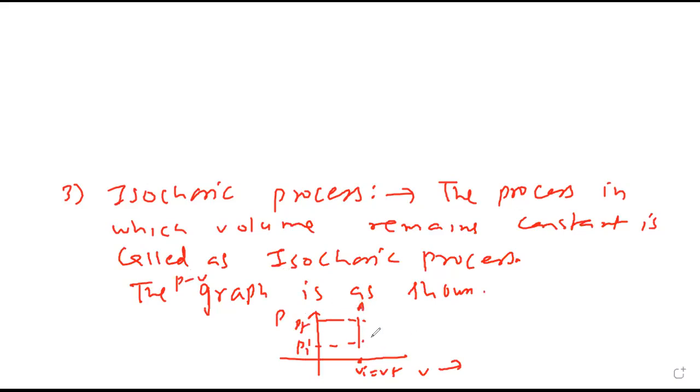So this AB is a graph at constant volume. Here work done W equals 0.